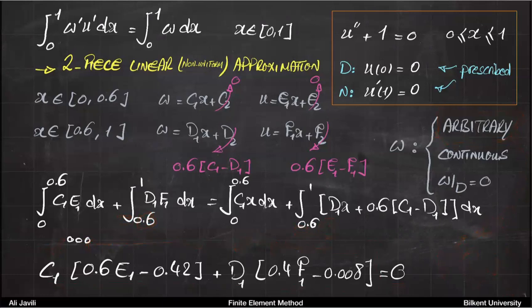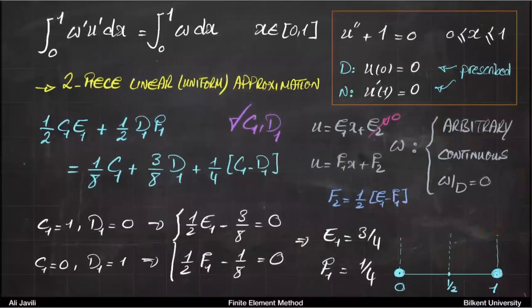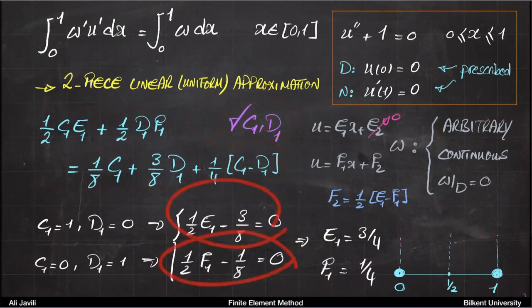Okay, so this is again the same story that we played before. This looks like one equation. We played this game also here. If you look at this, this looks like one equation, but because it holds for every C1 and D1, it is more than that. It gives you more information, and essentially it tells you that each of these terms is 0.